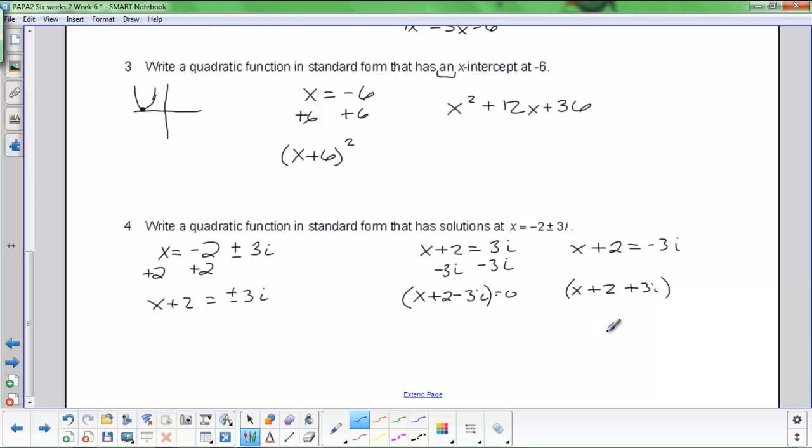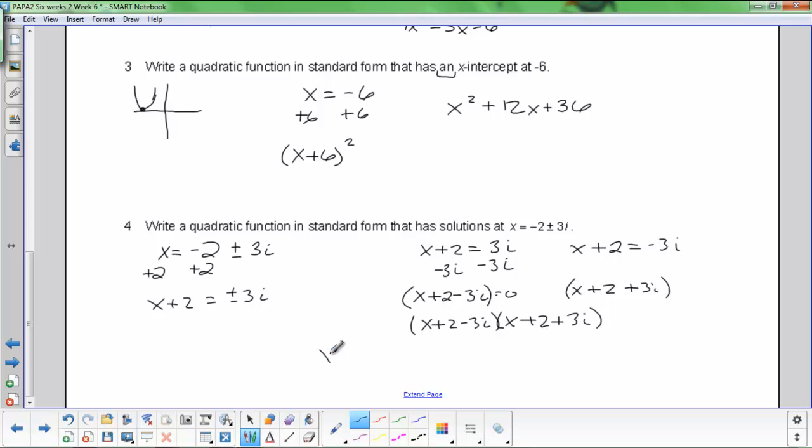So now what we have here is a more complicated factoring or foiling or distributing problem, but it's not anything more than we've dealt with in the past. So it's x plus 2 minus 3i times x plus 2 plus 3i.